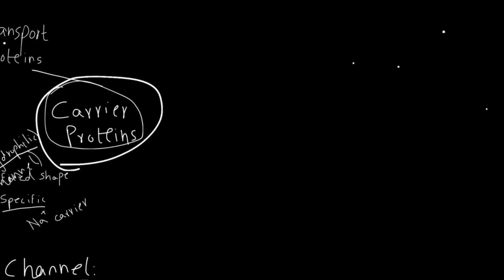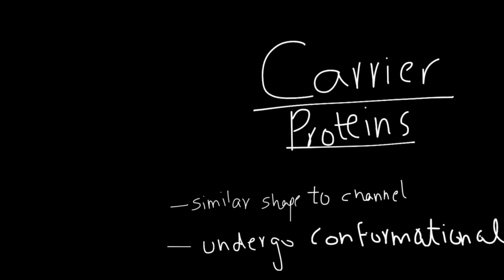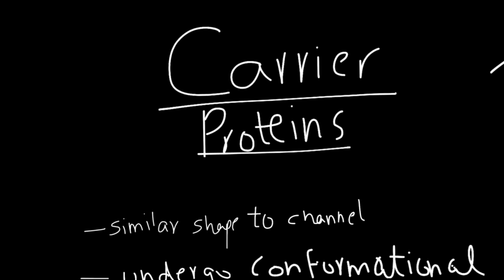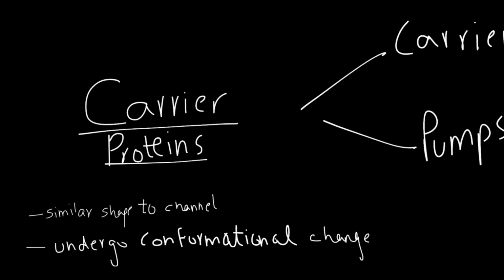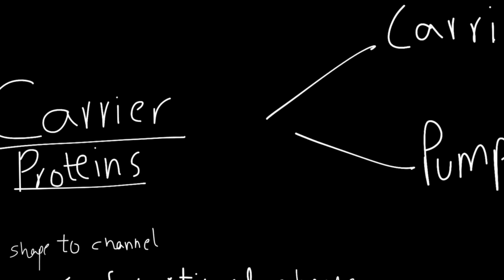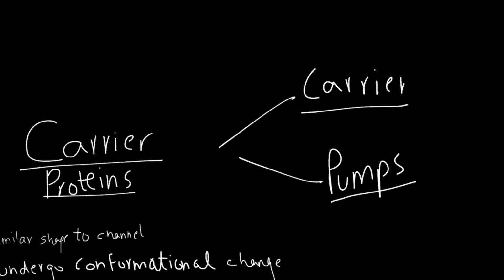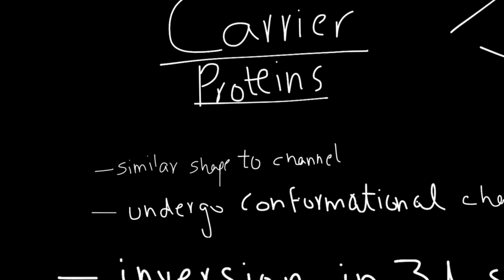Right, so we have to discuss carrier proteins now. So first of all, I'll tell you the types of carrier proteins. Just like the previous ones, the channel proteins, even carrier proteins have two types. One is the simple carrier protein, and the other one is pumps. Right, so we'll discuss what each one does.